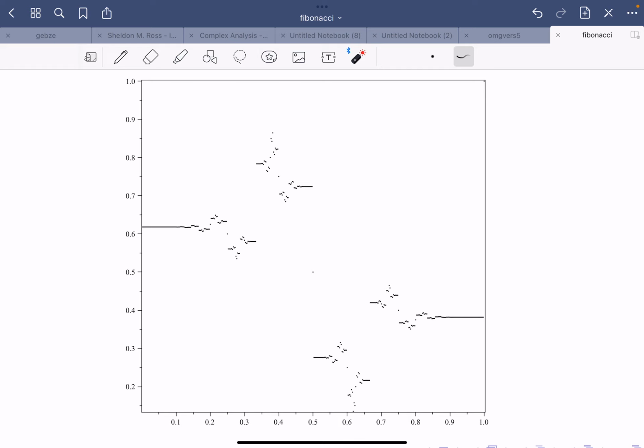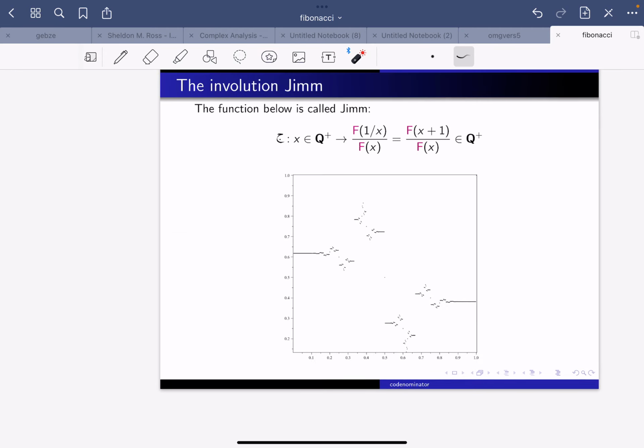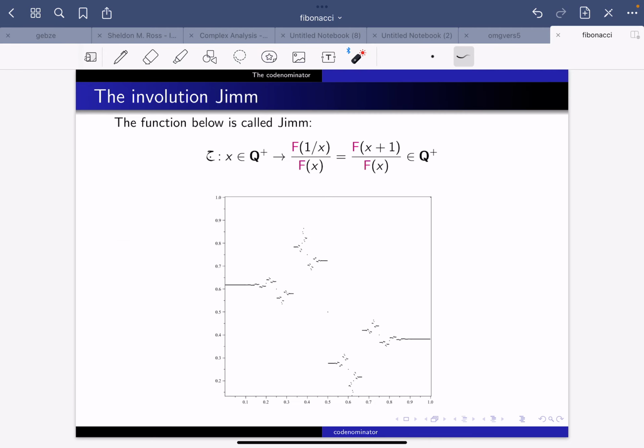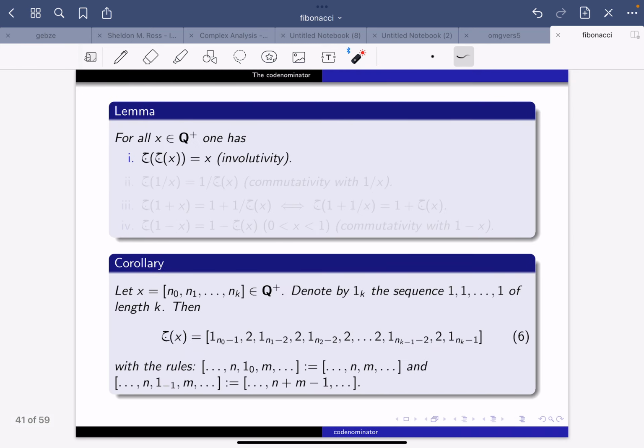It is initially, as I said, defined on the set of positive rationals for the moment. So it has many jumps. It appears to be discontinuous. We can prove the following assertions about this function Jimm. First of all, this function is involutive.